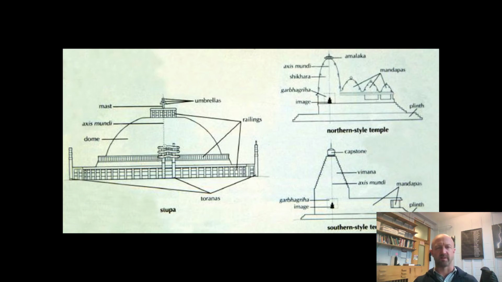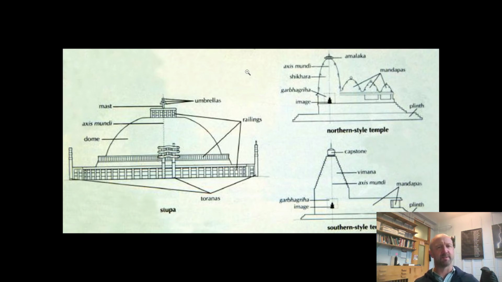Down the middle is what's known as the axis mundi, or the center of the universe, kind of a centering agent or symbol of the idea that all things emanate from this one central axis. At the top are umbrellas. The umbrellas are symbolic. Sometimes they are believed to be the actual parasols that are used to shade rulers.